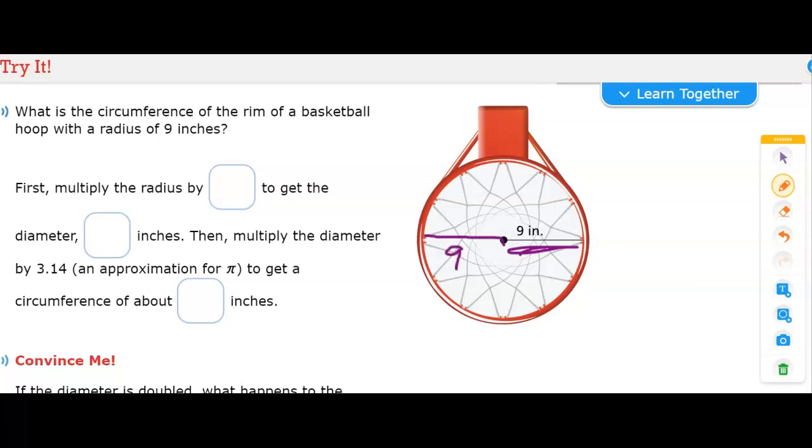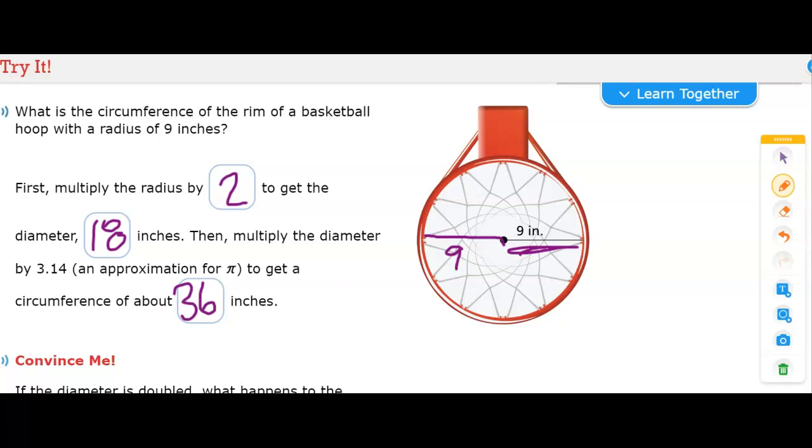So we're going to multiply the radius by 2, because 9 times 2 is the same thing as 9 plus 9. And so we would get 18 inches. Then multiply the diameter by 3.14, which is an approximation for pi, to get a circumference of about 36 inches.